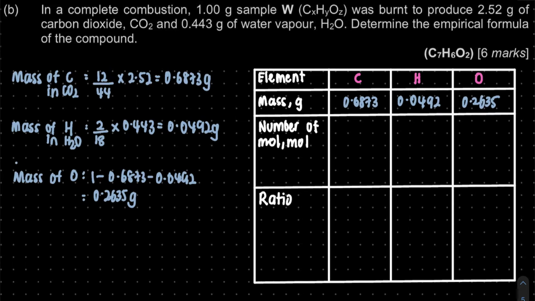So we have written down the mass. Because we have written down the unit here, you don't have to write down the gram in the table. For the number of mole, it is mass divided by molar mass. Mass is from this value. If you don't memorize the molar mass of the atoms, no worries. Let's look at the list of constants.